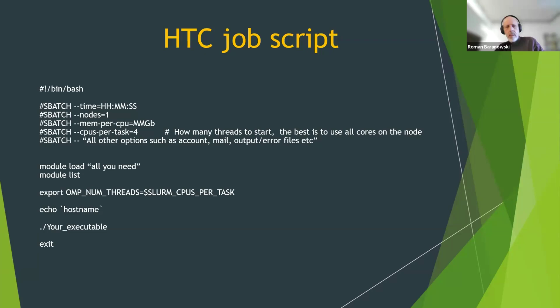So read the documentation about the software which you are using, and match the number of threads. They are always suggesting with how many threads the job performs best. So ask for this as the number of CPUs, the number of cores per task, because that's a single task. And export this variable, SLURM_CPUS_PER_TASK, to your code.